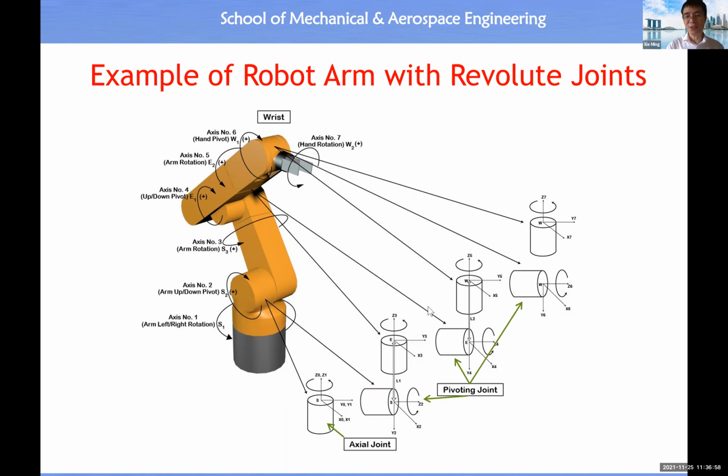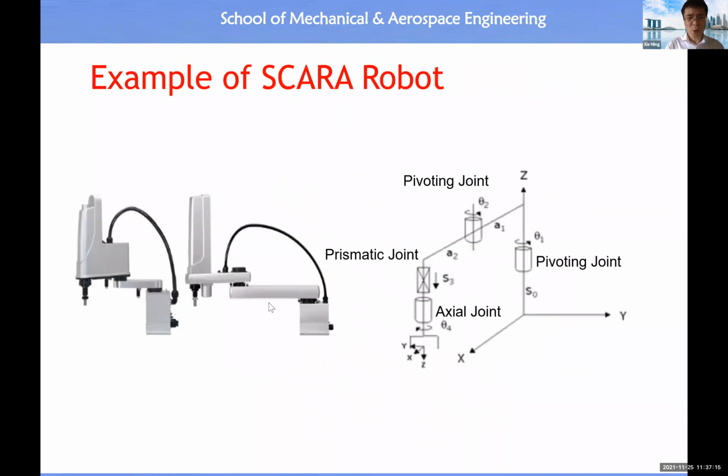This is an example about the graphic representation of a robot's mechanism, and in particular the degrees of freedom. Then this is also a popular robot in the electronics industry.